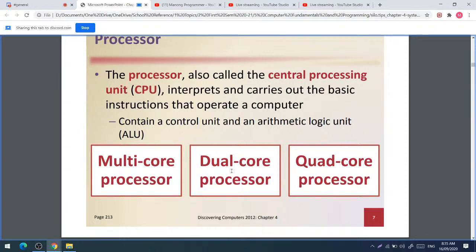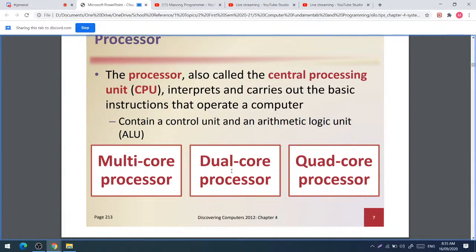It interprets and carries out basic instruction that operate a computer. What does it mean? In short, it controls all operation in our computer, from clicking a mouse, deleting a file, storing a file, the processor. So it contains a control unit and arithmetic logic unit.